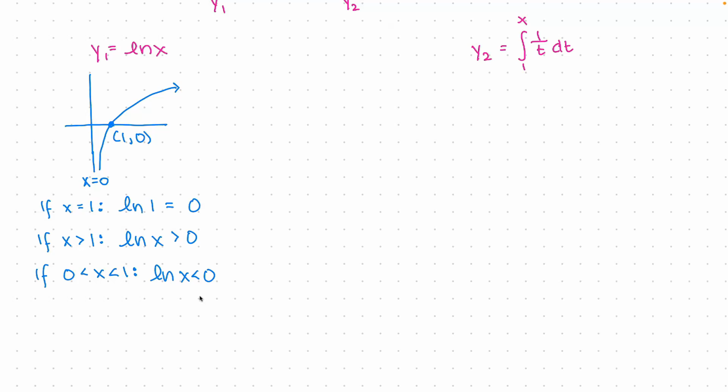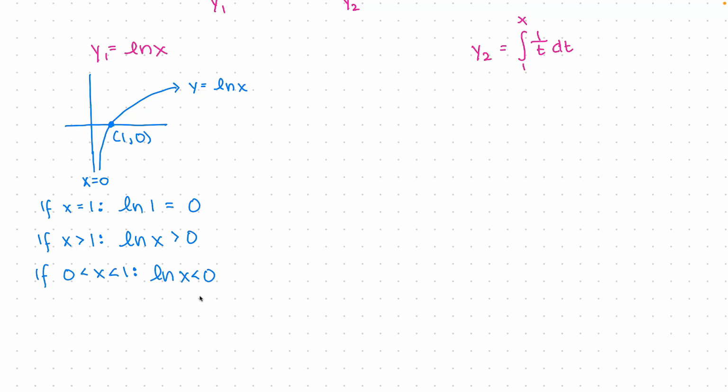It turns out this integral will have these exact same characteristics, and we can see that if we do a graph. This graph was just the graph of y equals natural log of x.